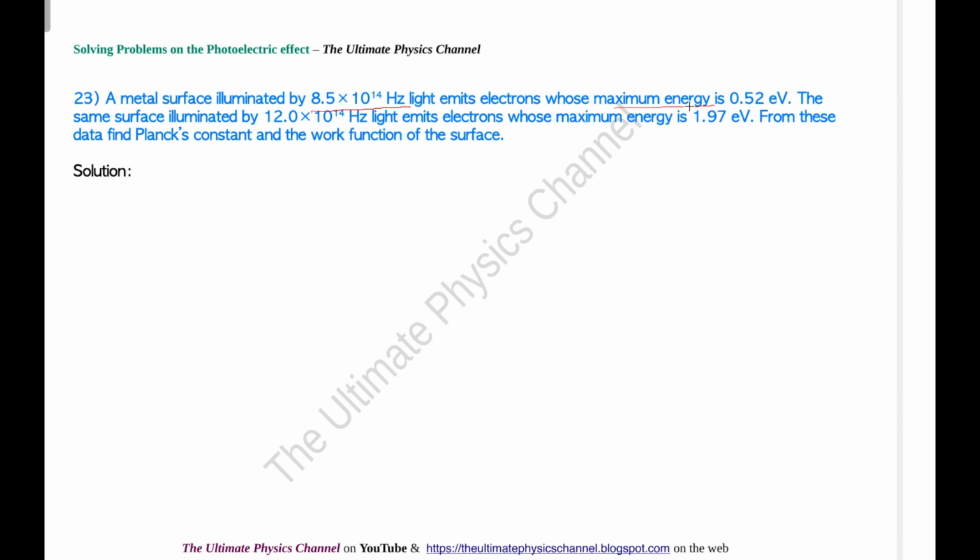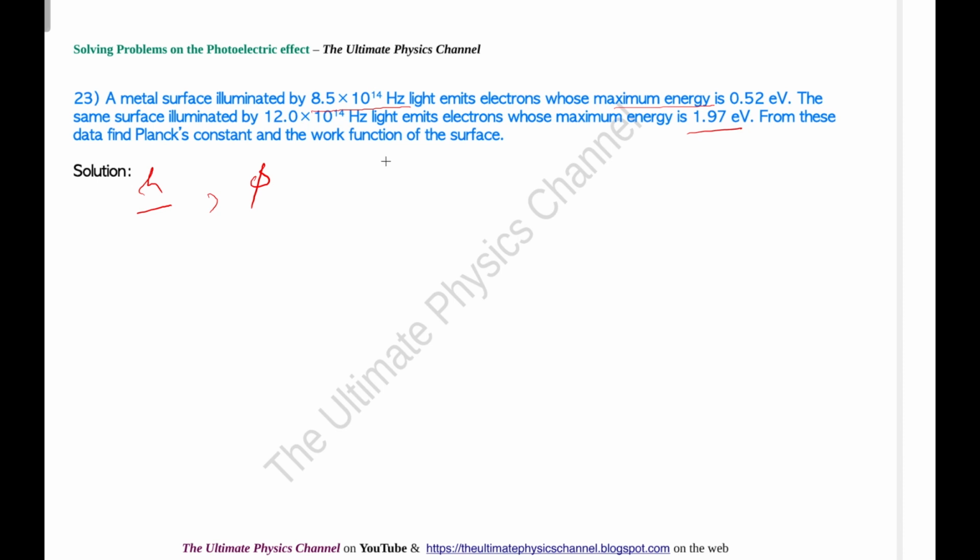The same surface is illuminated by light of another frequency, which is 12 into 10 power 14 hertz, and this time the electrons emitted have a maximum kinetic energy of about 1.97 eV. From these data, find Planck's constant h and the work function phi of the metal surface.